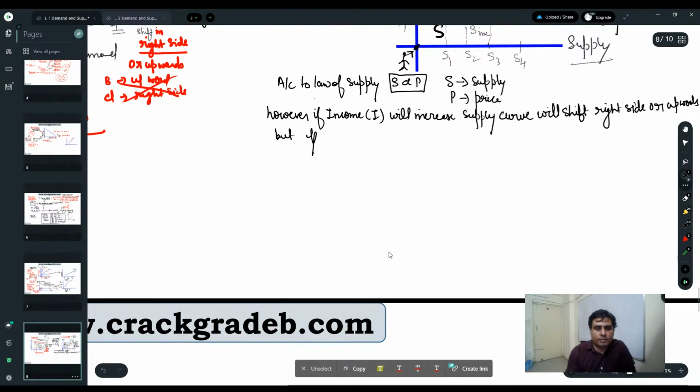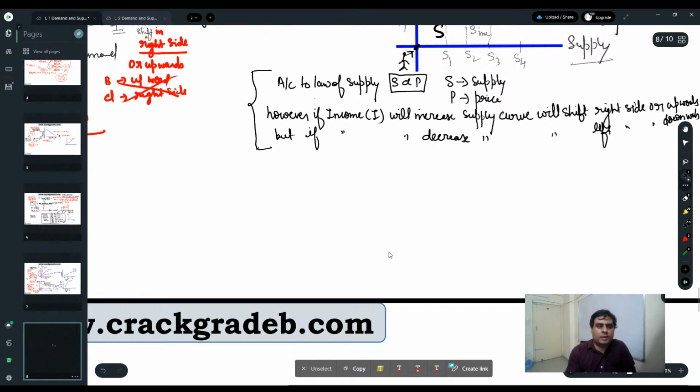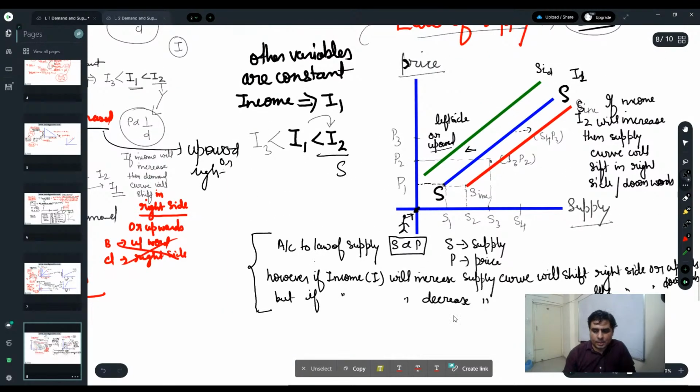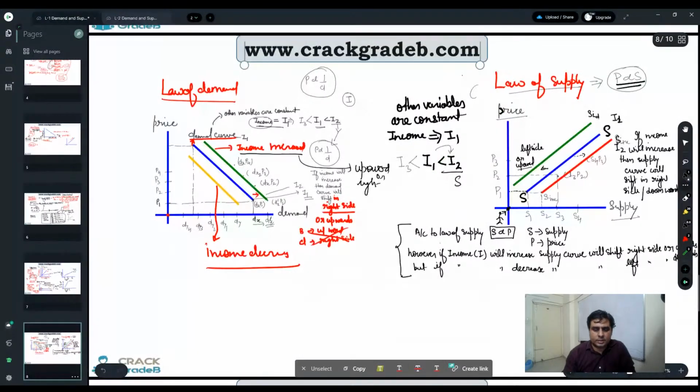But if income will decrease, the supply curve will shift to the left side or downwards, right? So this is the take from the supply curve.